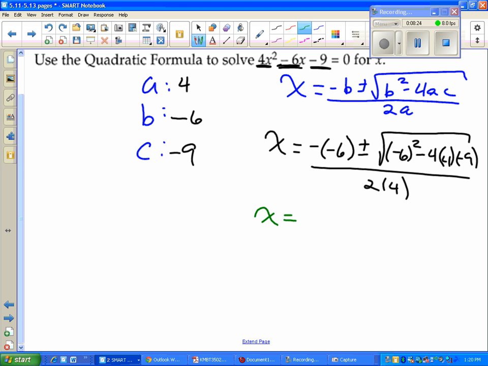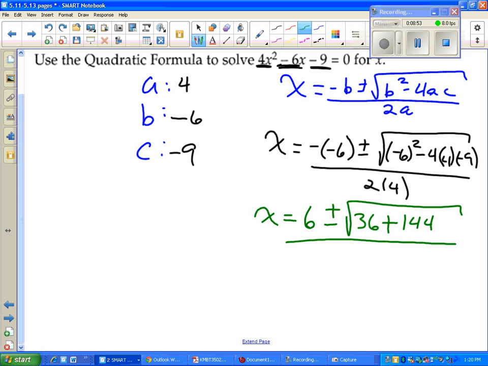Negative negative 6 is positive 6, plus or minus the square root of. What is negative 6 squared? 36. What is negative 4 times 4 times negative 9? Positive 144.